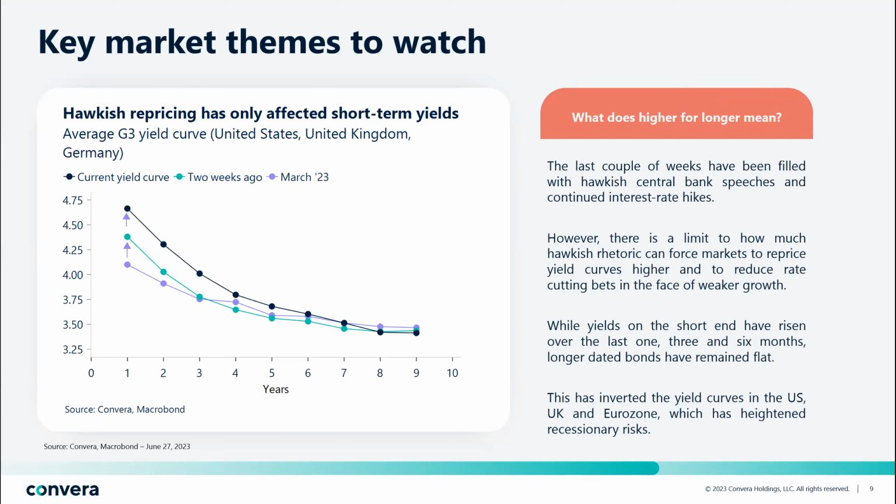Because the last couple of months have really been clearly shaped by, again, inflation falling, at least headline inflation, while policymakers continued to shift their focus from headline inflation to core inflation.